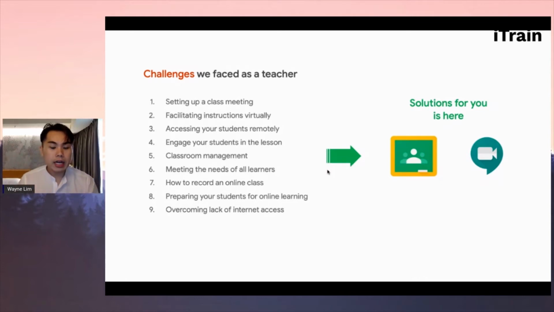And of course, it's hard for you to meet all the needs of all learners. You have all types of students, different levels within one class. For example, for some students it's entirely fine to just listen to you via your video conferencing way of teaching.